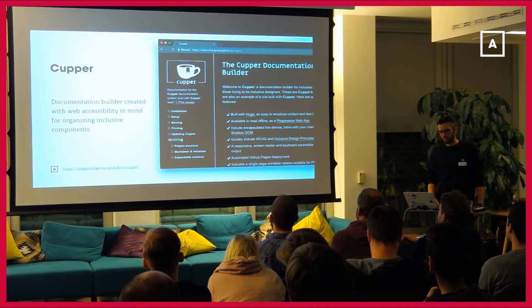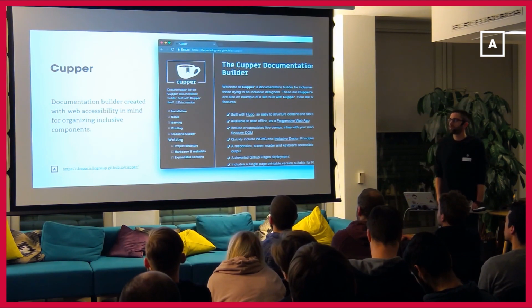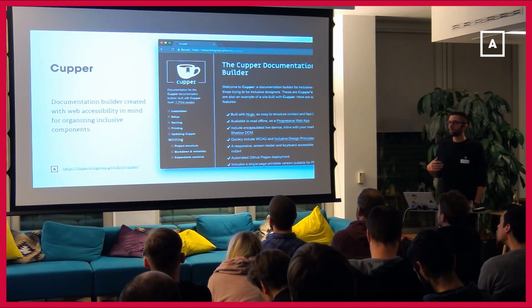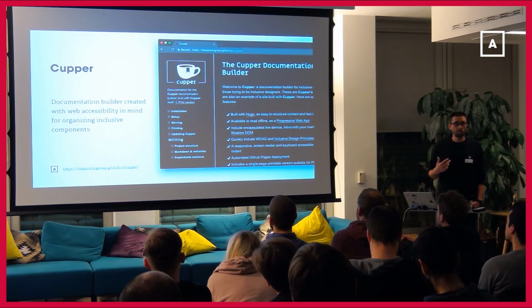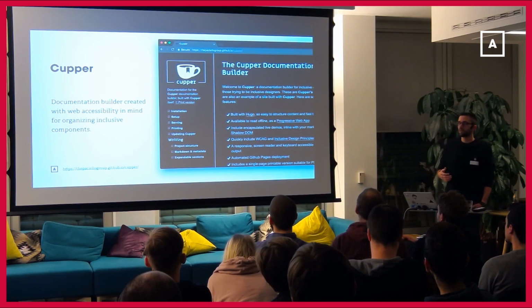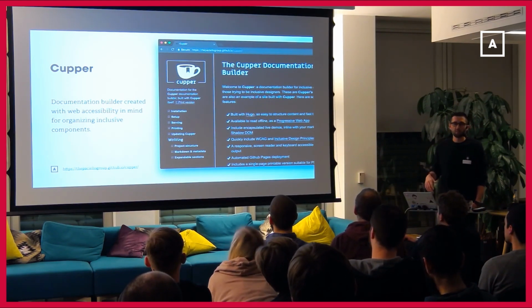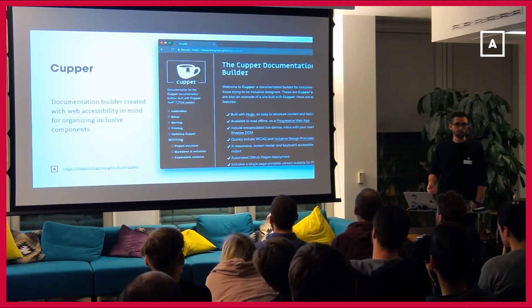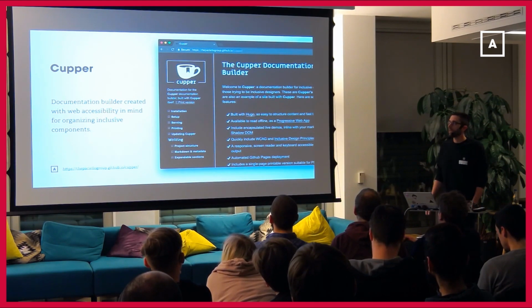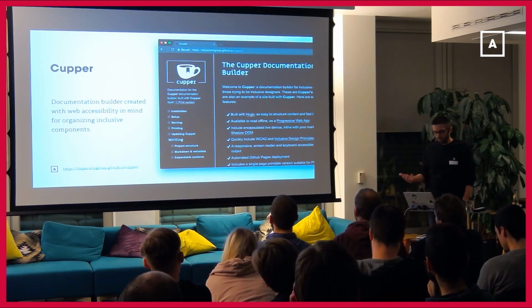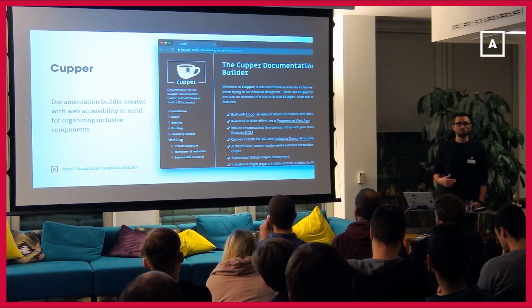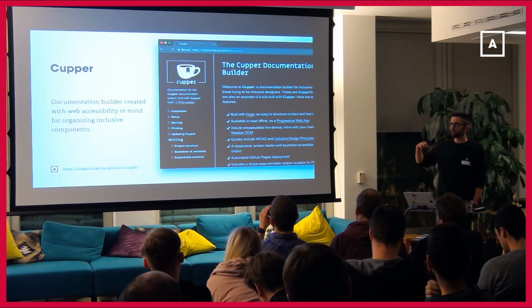Next is this document builder called Copper. The interesting point for this web application is that it's a document builder created with accessibility in mind. It can generate a really nice representation of, for example, a pattern library, especially an inclusive design pattern library. It has some really nice features like an accessible PDF generator, so you can generate an accessible PDF file out of your documentation.